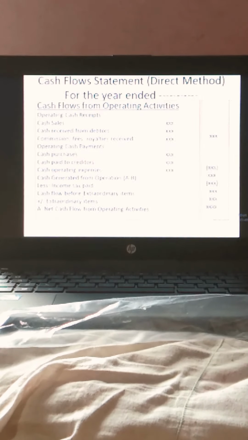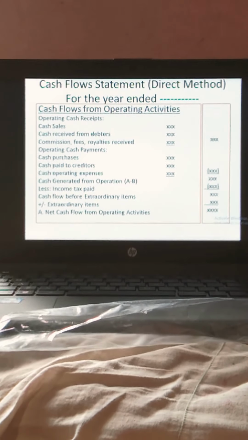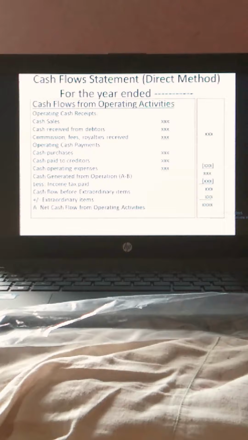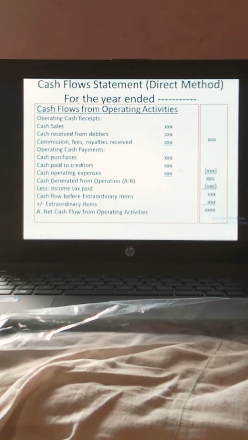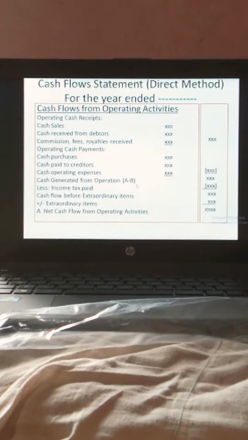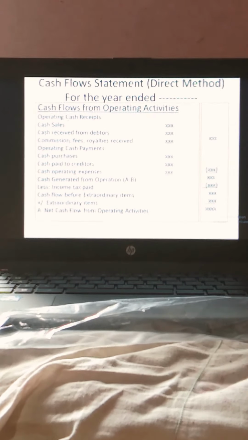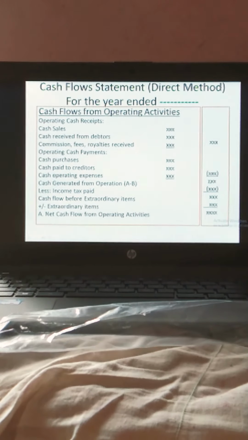Then we have to deduct the operating cash payments. That means cash paid to creditors, cash operating expenses. Then we will get the cash generated from operations. That means this inflow minus outflow gives cash generated from operations.